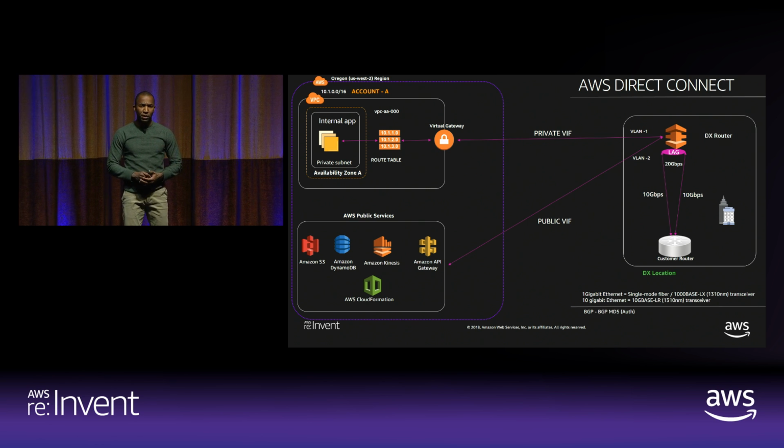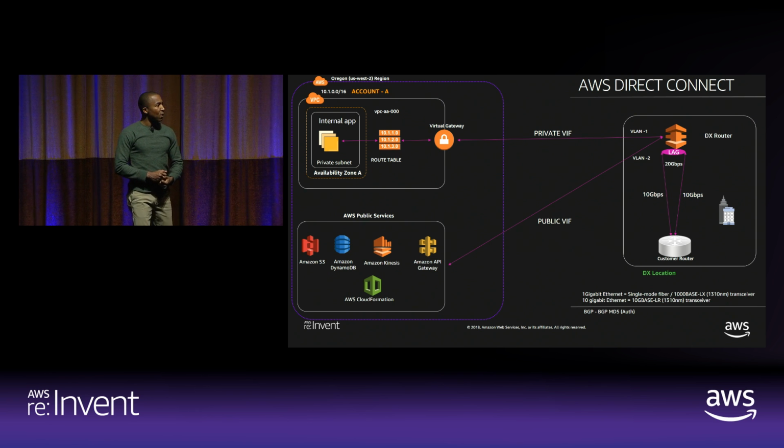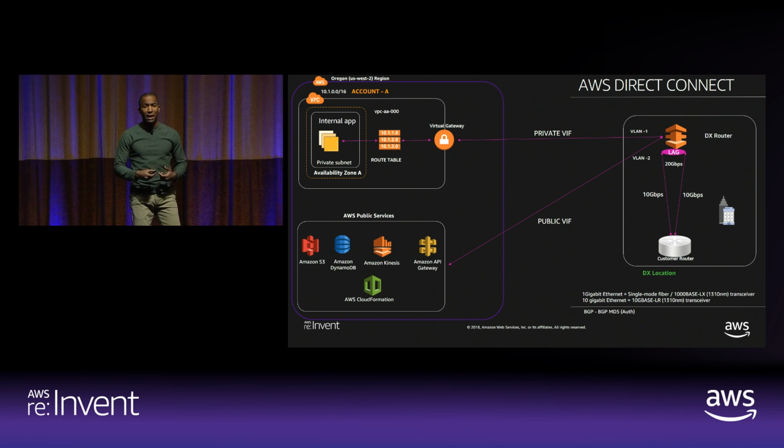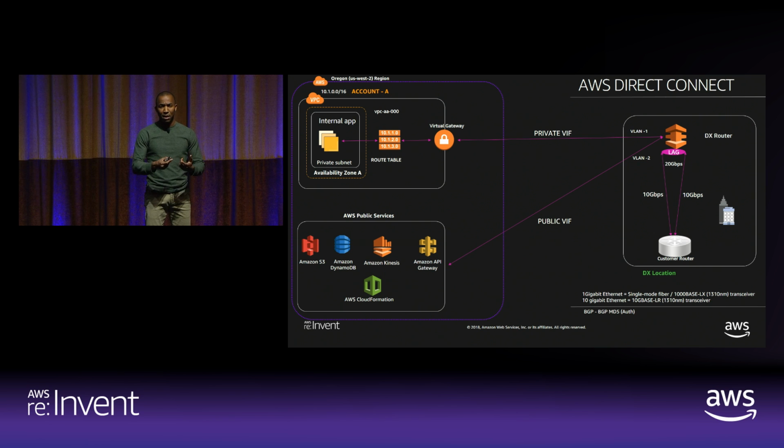And public virtual interfaces communicate directly to AWS sets of public services. Now, both support IPv6, and you must have unused VLANs within your environment, and your infrastructure must support 802.1q in order for you to actually establish connectivity, BGP relationships between AWS and your on-premises environment.